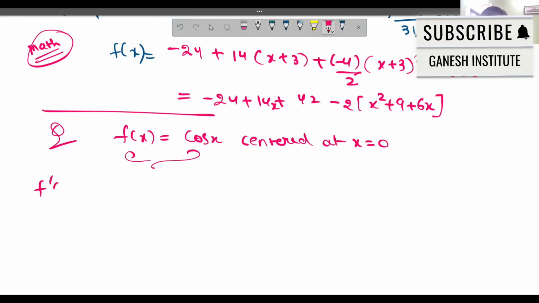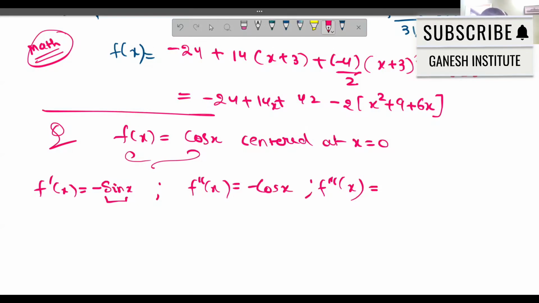F dash x, F double dash x. Derivative of Cos x is minus sine, and then derivative of sine is cos. So minus sign will remain there.